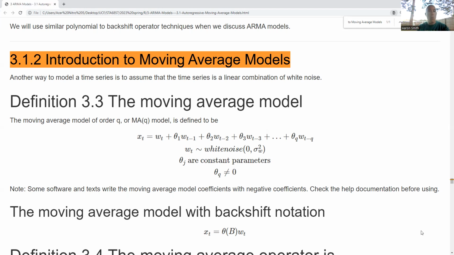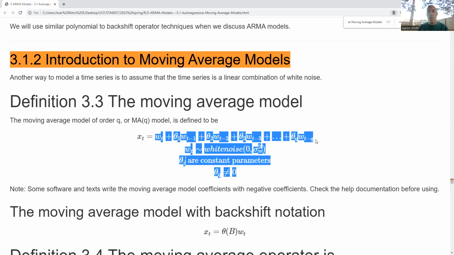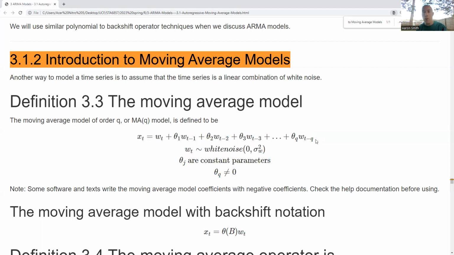For a moving average model, the time series that we are looking at, the actual value we have, is a particular linear combination of a white noise time series. Here is the current value of that white noise time series, here is 1 moment ago, 2 moments ago, 3 moments ago, and we're going to go back q lags.